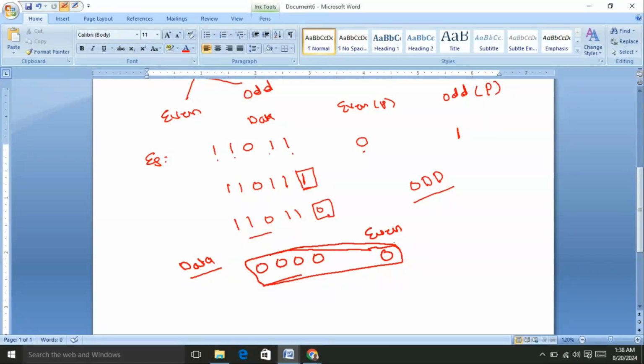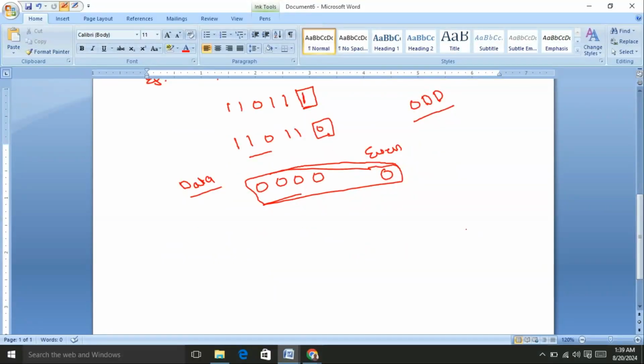So we always prefer the odd parity. And one more issue is that the parity can detect the errors, but it is unable to correct the errors.